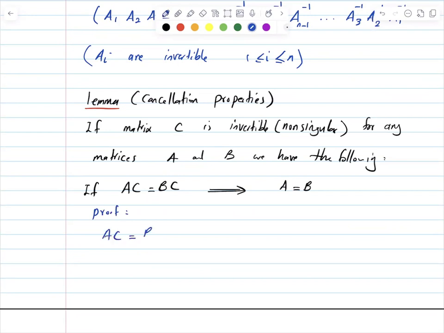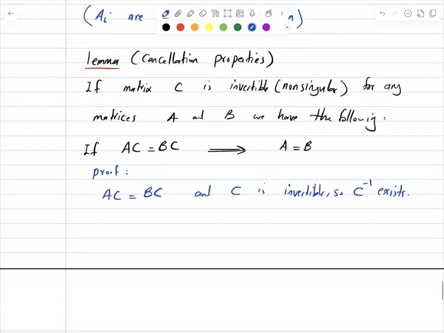AC is equal to BC and C is invertible, so the inverse of C exists.